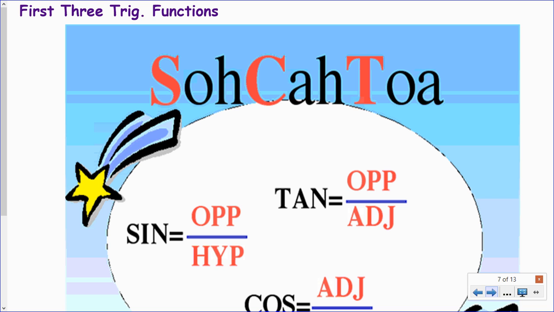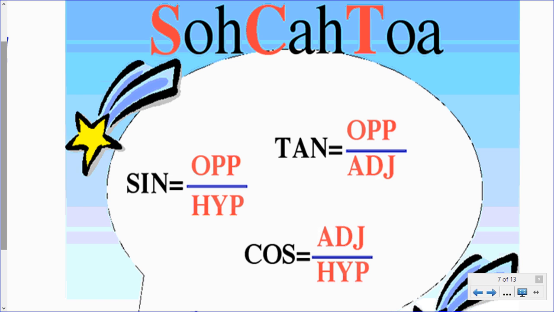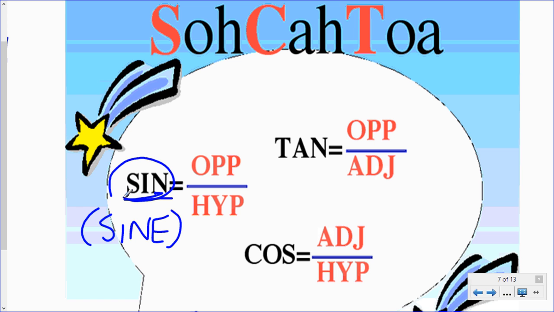Finally, we're going to get into our trig functions. This is where we've been heading. So you probably remember these from geometry. The first 3 trig functions are sine, which we abbreviate with SIN, okay? The full word is SINE, okay? So when you see this abbreviation, it's pronounced sine, not sin, okay?